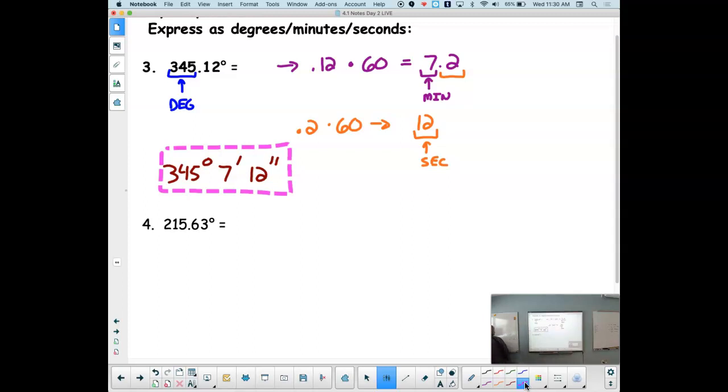Okay. You try now converting 215.63 degrees into degrees, minutes, and seconds.